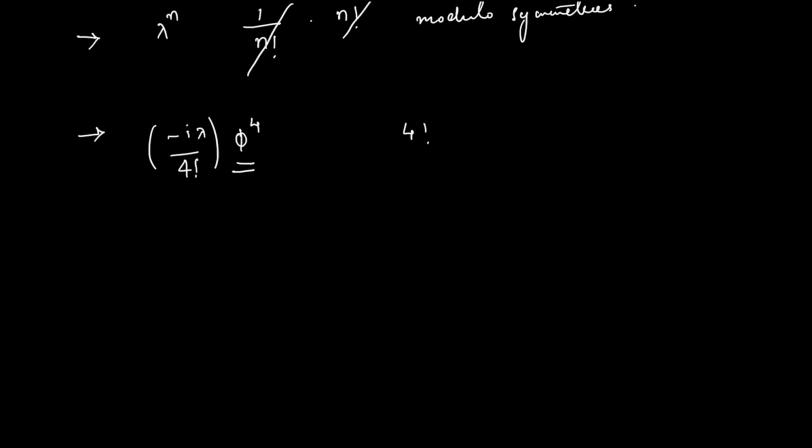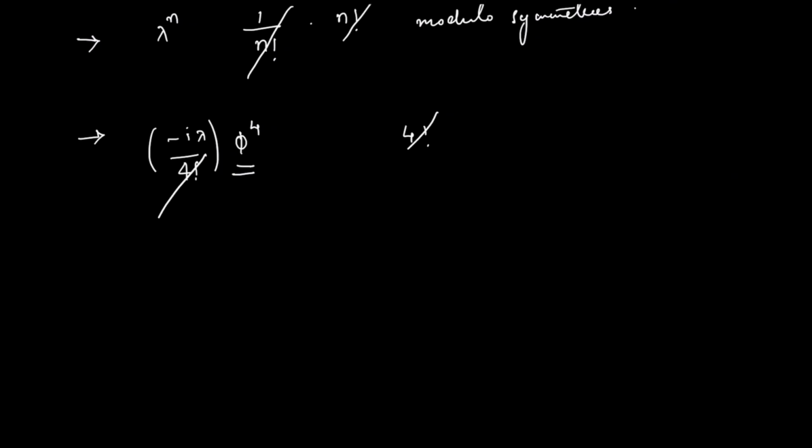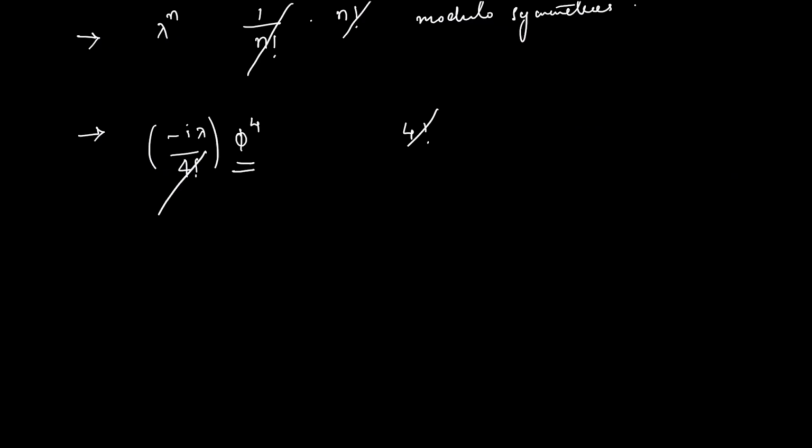Therefore, the two 4 factorials again cancel the modulo symmetries in permuting legs coming from the same vertex. Forget about the 1 by n factorial from the exponential and treat each interacting vertex as minus i lambda, right?